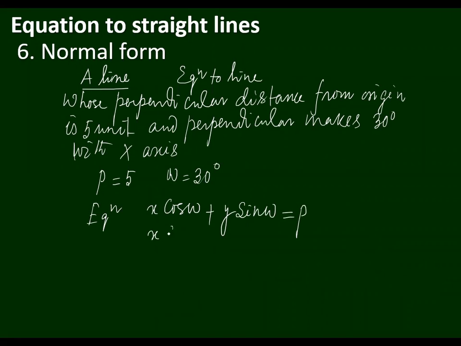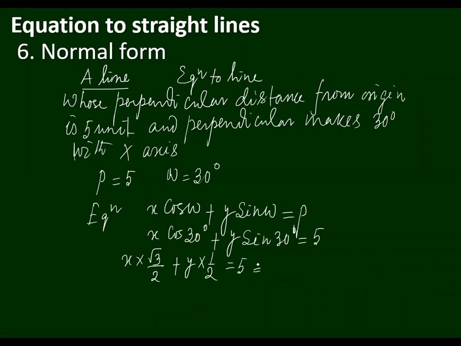So x cos 30 degrees plus y sin 30 degrees is equal to 5. Put the values: x into root 3 by 2 plus y into half is equal to 5. So the equation is root 3 x plus y is equal to 10, 2 multiplied into the 5.